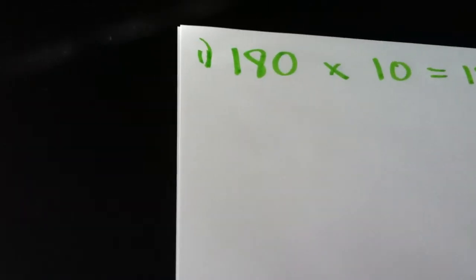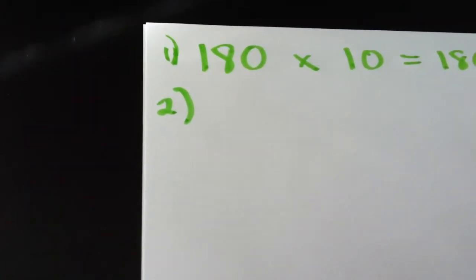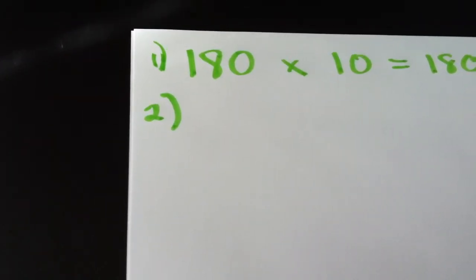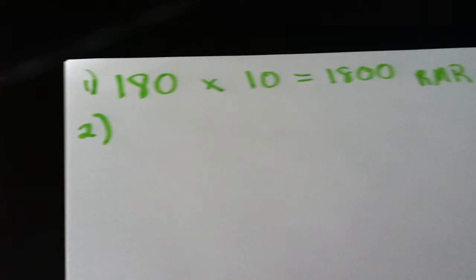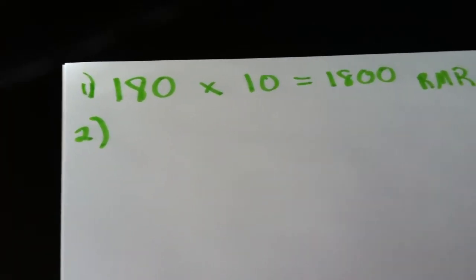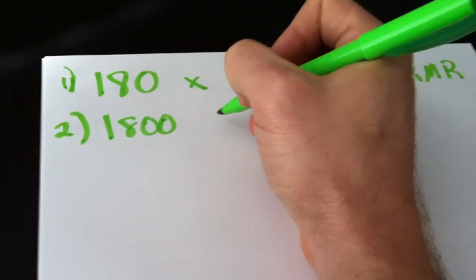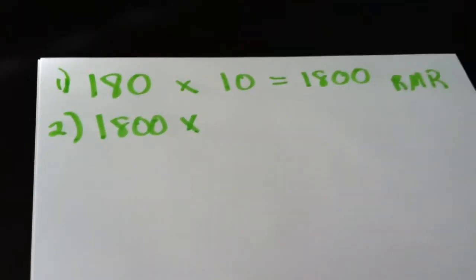Okay. Second step, we need to find our daily activity burn. Now, the first thing you're going to do is take your RMR, which we figured out in the first step, which was 1800, and we need to multiply that by a percentage.